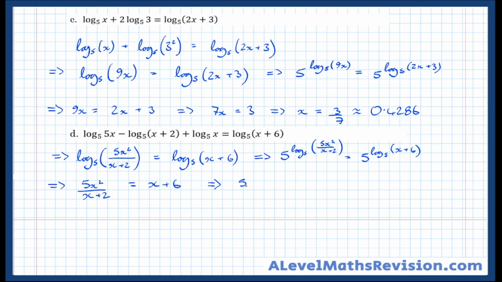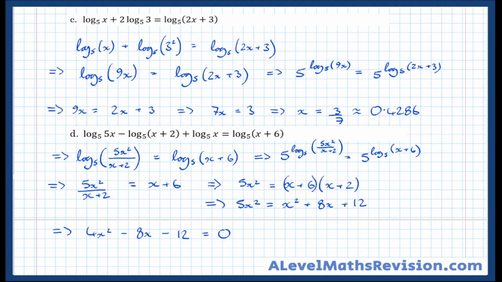So we get 5x squared equals x plus 6 times x plus 2, which means that 5x squared equals x squared plus 8x plus 12. I'm just taking that all over to one side. That means that 4x squared minus 8x minus 12 equals 0.